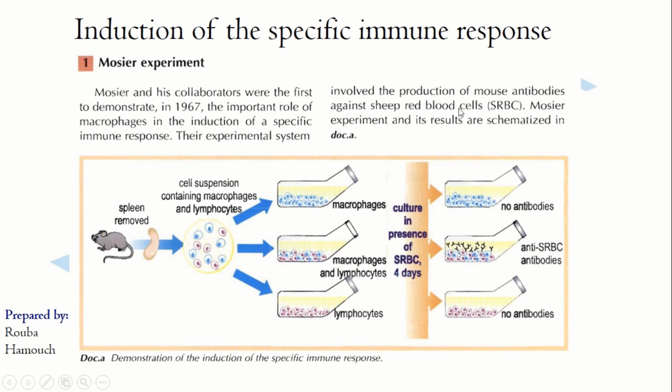Immunization of the mouse means injection of an intruder, a non-self antigen, into an animal in order to trigger an immune response. So, Mosier immunized a mouse with sheep red blood cells.